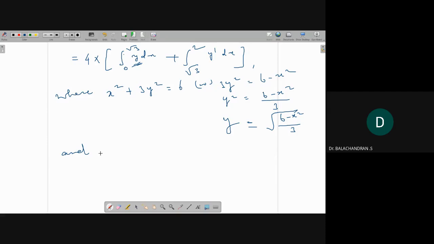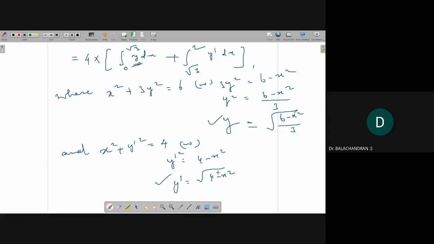So x square plus y dash square equals 4, y dash square equals 4 minus x square, or y dash is equal to root of (4 minus x square). This is y dash, this is y. So instead of y dash, you can use this expression.